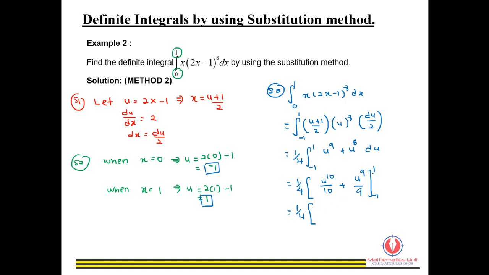When we substitute the upper limit, we'll get 1 over 10 plus 1 over 9, minus, when we substitute the lower limit, 1 over 10 minus 1 over 9. By using your calculator, we'll get the final answer 1 over 18.